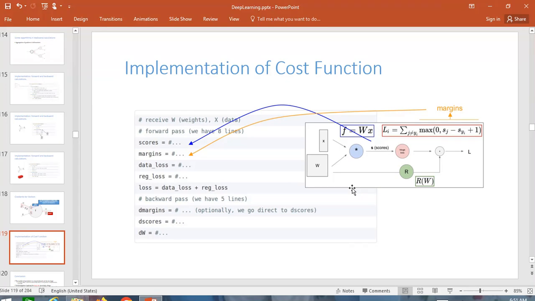In the last step of the forward step, you had calculated the loss function from the margins, and in the first step of the backward step, you should calculate the gradient of the loss function with respect to the margins. Now you can update W with these gradients.